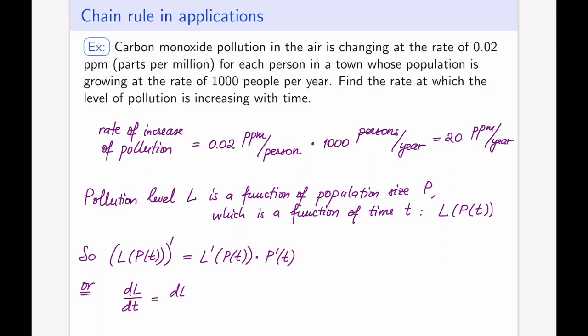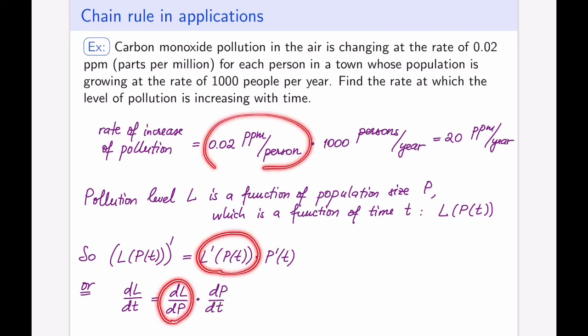So dL with respect to P, and then follow it up by taking the derivative of P with respect to t. So dP by dt. And all of these things actually stand for the exact same value: the increase of the pollution with respect to population.